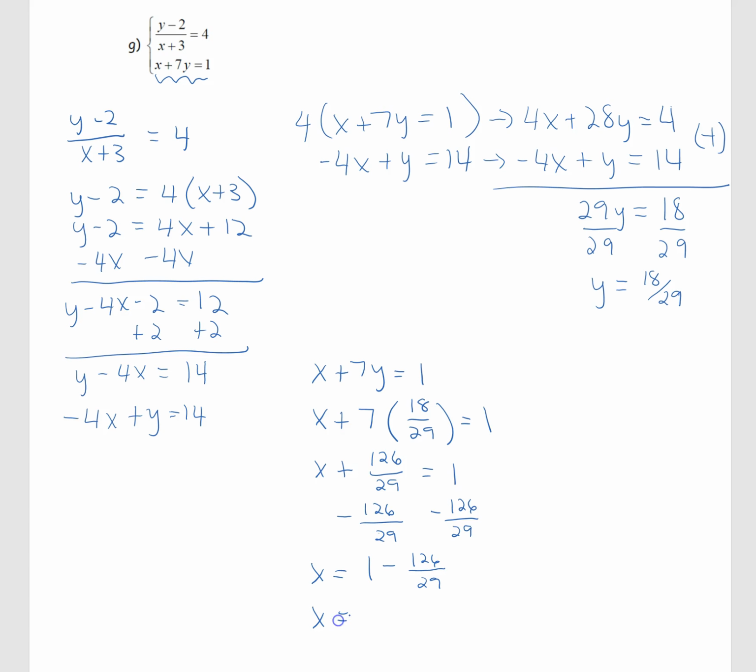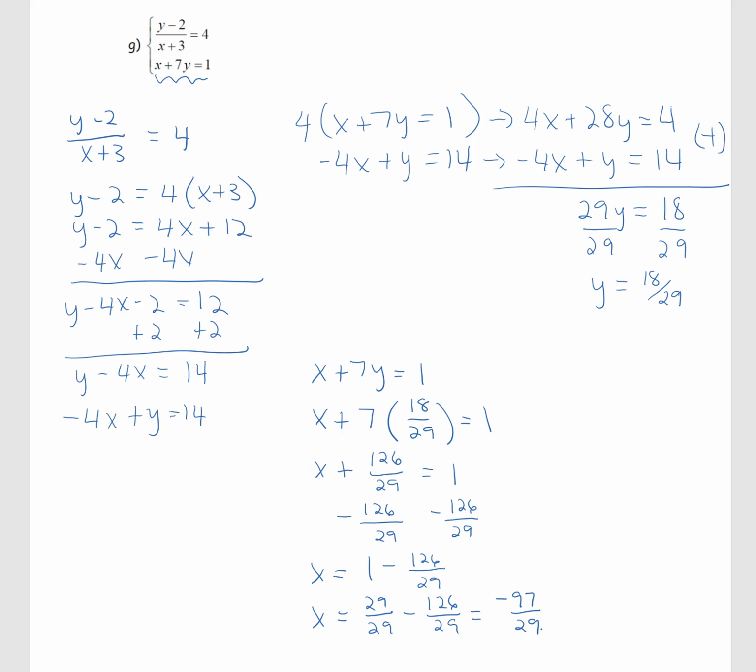And 1 can be rewritten as 29 over 29. I'm subtracting 126 over 29. So 29 minus 126 is negative 97 over 29.